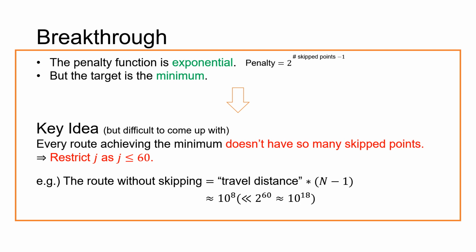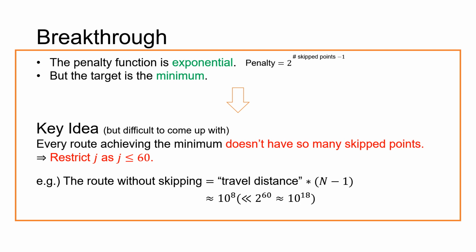Why? We have the route without skipping points, that is the route passing points from 1 to n step by step. Its cost is roughly computed as a travel distance times n minus 1. From the constraints about coordinates, the distance is at most 10 to the 4th, so the cost is about 10 to the 8th.